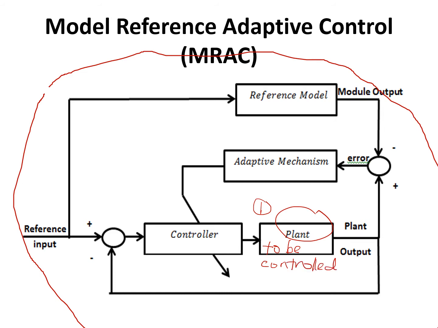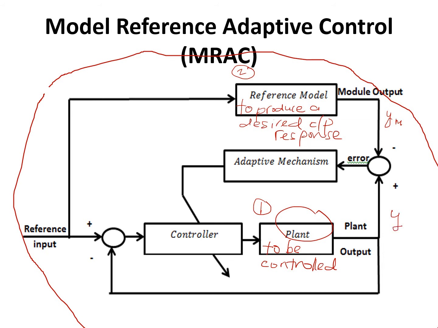Number 2 is the reference model that produces a desired output response. We label the response as YM. We label the output response of the plant as Y.